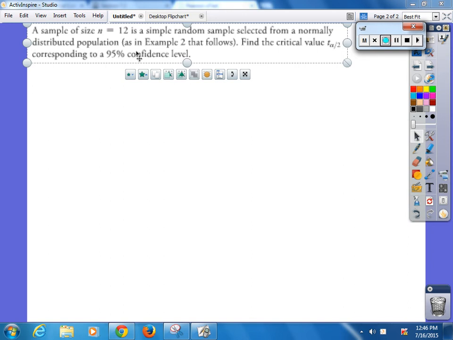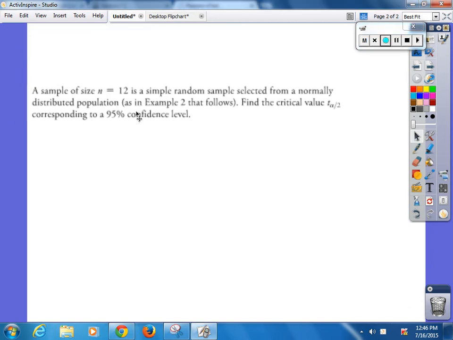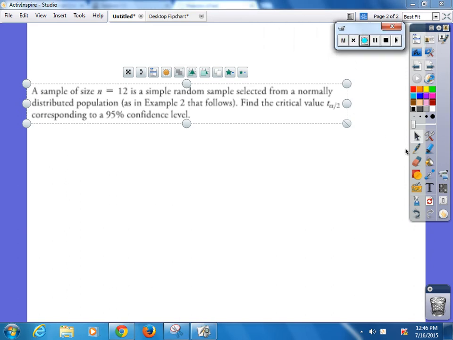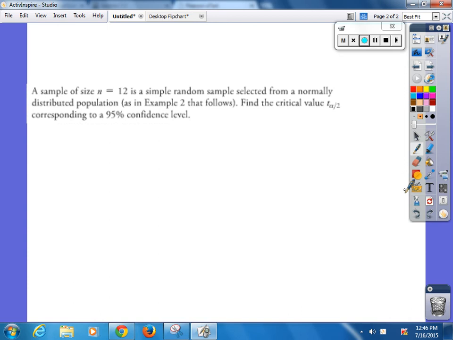Now this guy says a sample of n is equal to 12, so you're going to write down everything we have. Now when I say everything, I mean everything. Don't just sit there and say n is equal to 12 and 95%. No, that's not what I mean.